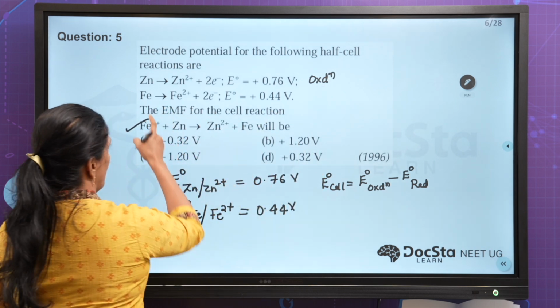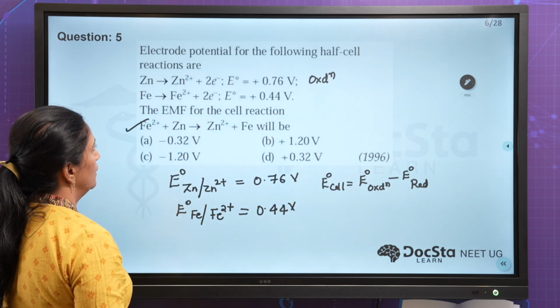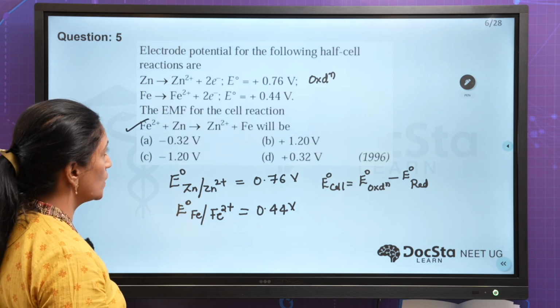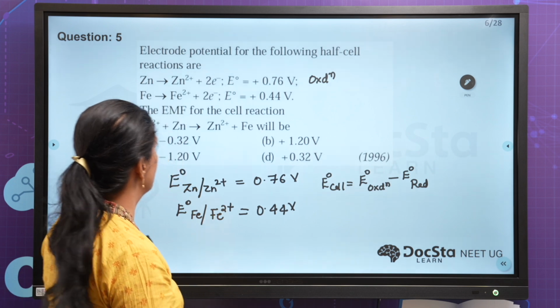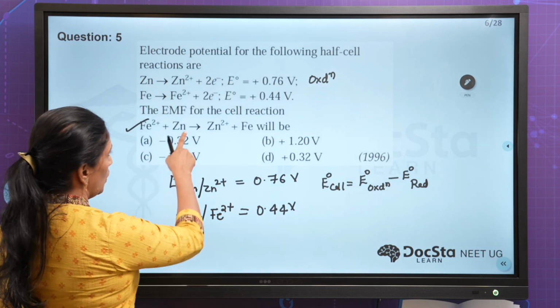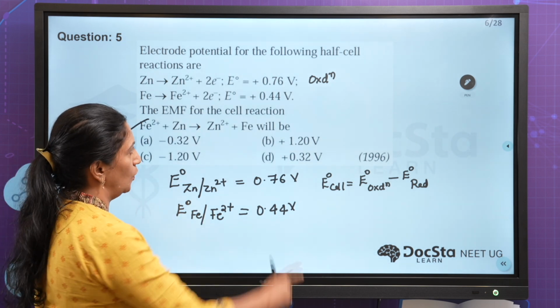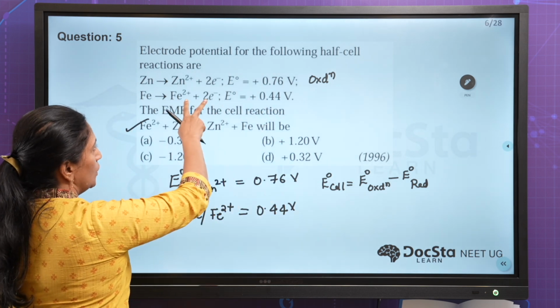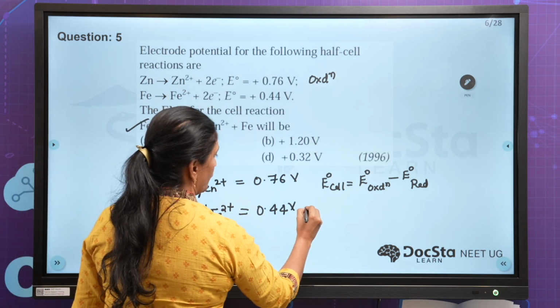But here you see iron is getting converted to Fe2 plus. Iron to Fe2 plus. Here also it is oxidation that is taking place, Fe to Fe2 plus. But here the reaction that we require is Fe2 plus to Fe. So in order to get that value, you have to reverse this equation, or the E0 potential of this reaction.